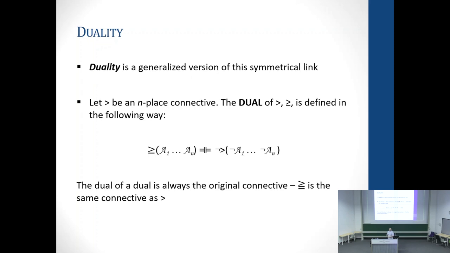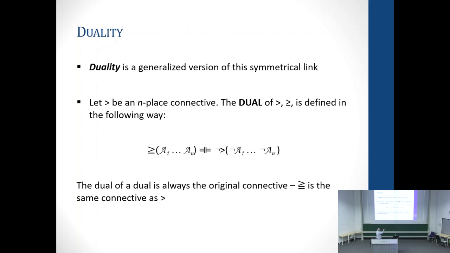Duality is the generalized version of this systematic link between disjunction and conjunction. Now, these are the only ones, and the way that we've formulated it, we have a very clear mapping, but we can talk about duality generally. So we can just introduce any n-place connective. We can talk about the dual of that by just, again, having this kind of mapping.